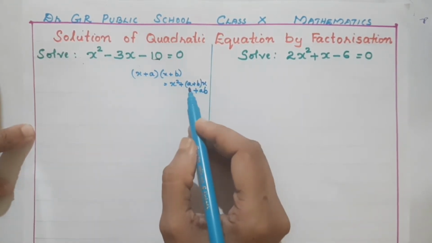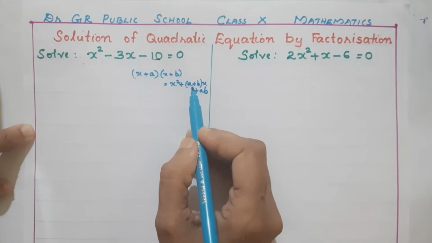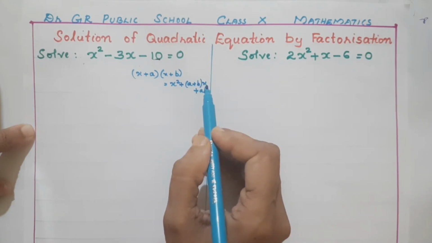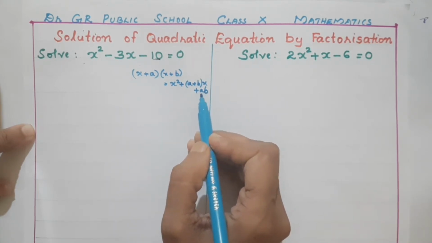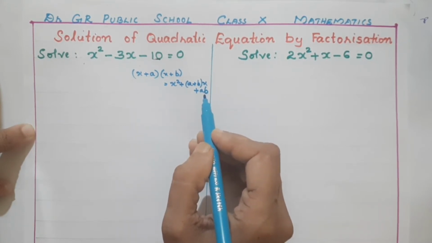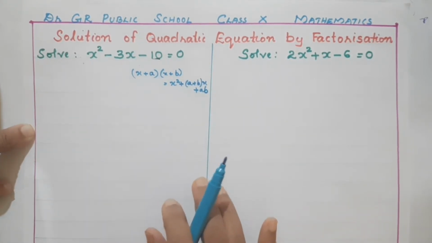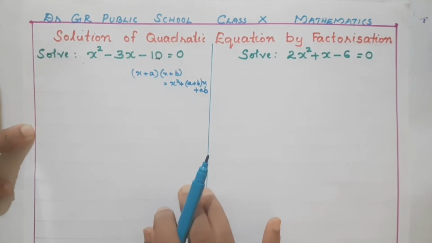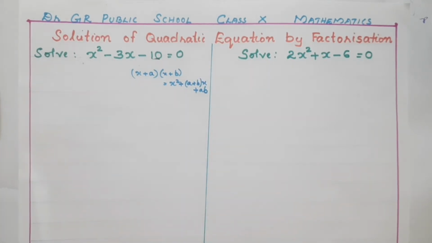X square, then middle term will be the sum of two numbers and then the product with the variable. Then last term will be the product of that two numbers, isn't it? So this identity we are applying to factorize this, and that method you studied as factorize by splitting middle term, isn't it? Factorization by splitting middle term, and you have done so many questions last year, and here we are going to apply that also.